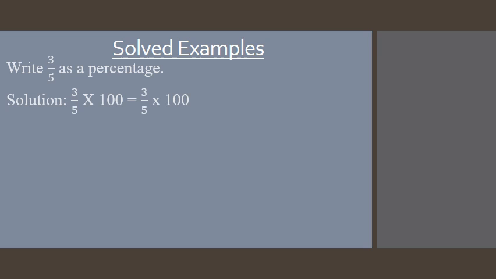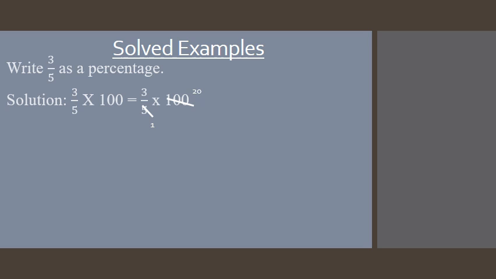We will multiply this fraction 3 upon 5 by 100. Okay. Now, we can divide 100 and 5 by the common number 5. So when we divide 5 in the denominator by 5, my answer will come 1. And when I divide 100 by 5 in the numerator, my answer will come 20.